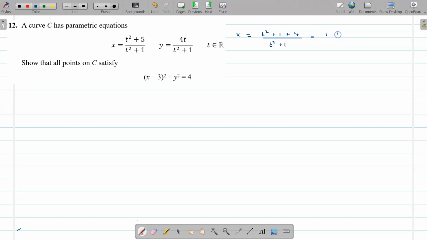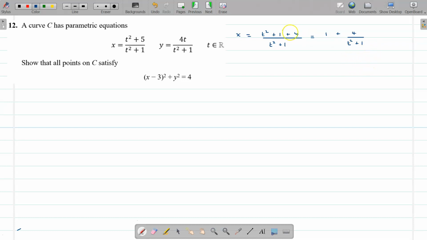So it's 1 plus 4 over t squared plus 1. Now that's got a single value of t in, you see, rather than t appearing in several places. So that was part of the thinking behind that.